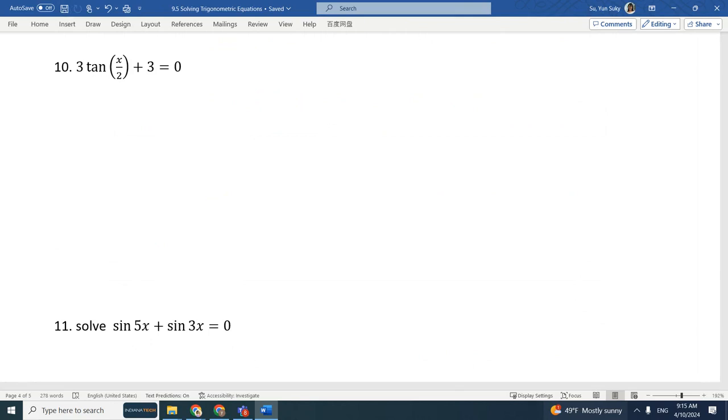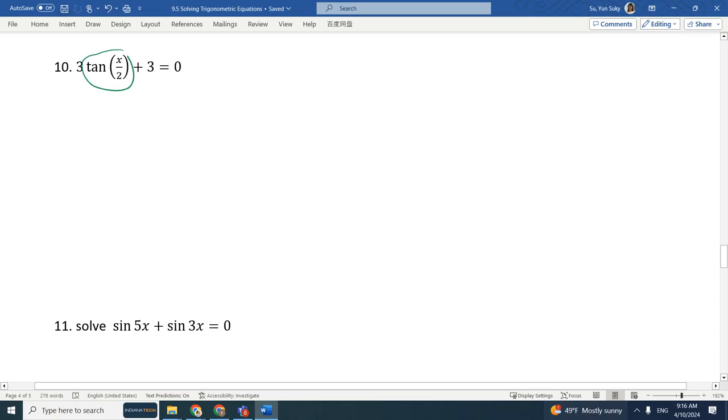Okay, next problem. We have done many examples about the sine and cosine. This problem is about the tangent. Let's see. We only have one trig expression, so we can solve for the tangent. What do we do?